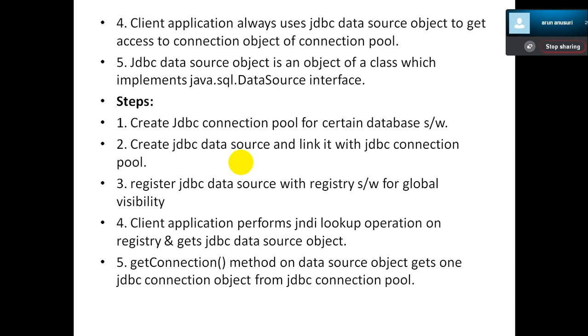So to create, first we need to create a data source and link it with the connection pool. Then we need to register the data source with registry software for global visibility. The client application performs a JNDI lookup operation on the registry and gets the JDBC data source.